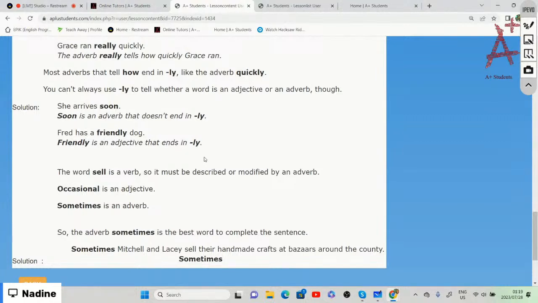So it must then be described or modified by an adverb. As much as they gave us two words, occasional, which is an adjective, and occasionally, which is an adverb, we can only choose one. And once again, the word sell is a verb, so it must be described or modified by an adverb, right?